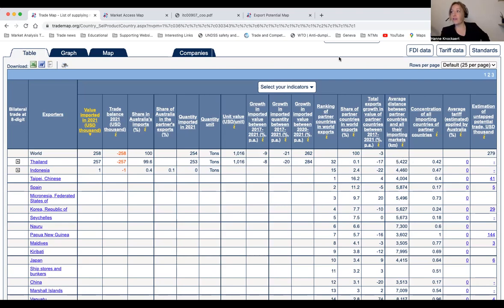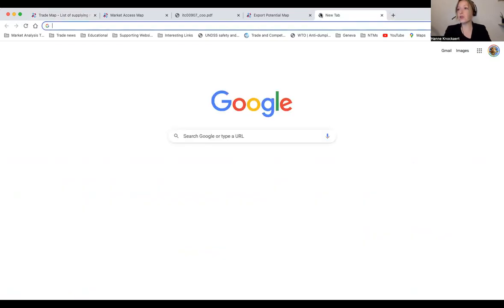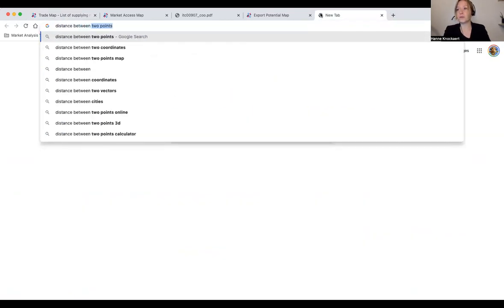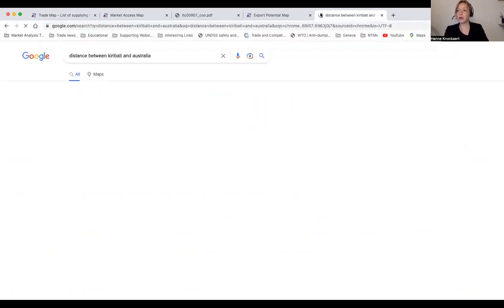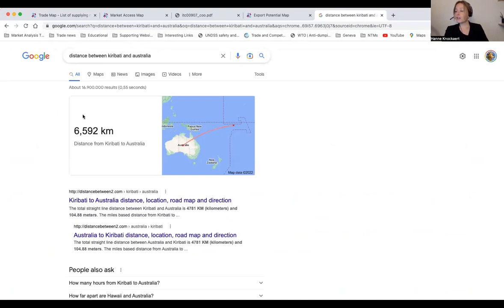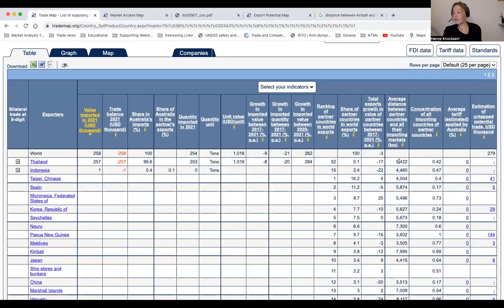And then we need to investigate where we are in this equation. So the distance between Kiribati and Australia is 6,592 kilometers. So we are very close. So it's not like Thailand has a little distance advantage, but not that much. That is how you interpret these numbers. Indonesia is a little closer, but again, is not exporting that much. So in this case, the distance does not seem to matter that much.